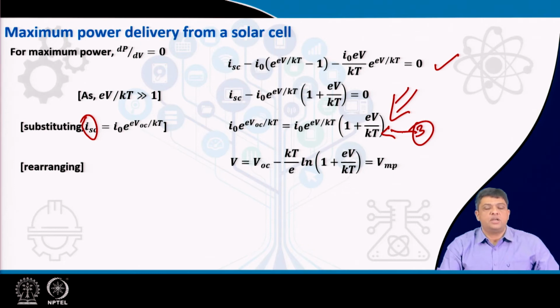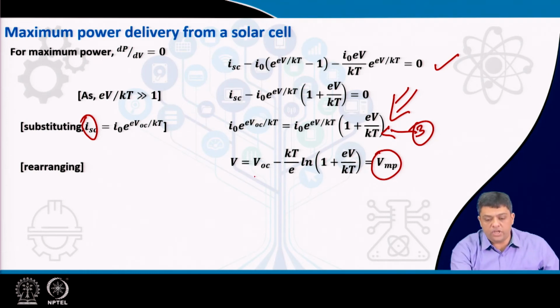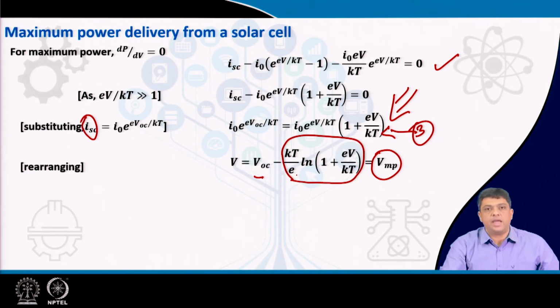Let us rearrange, and if we can rearrange, you will get that the value of VMP is equal to VOC, that is the open circuit voltage, reduced by a factor kT by e ln 1 plus e VMP by kT.